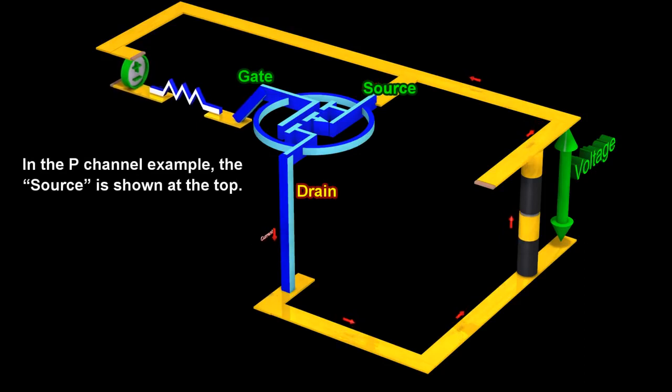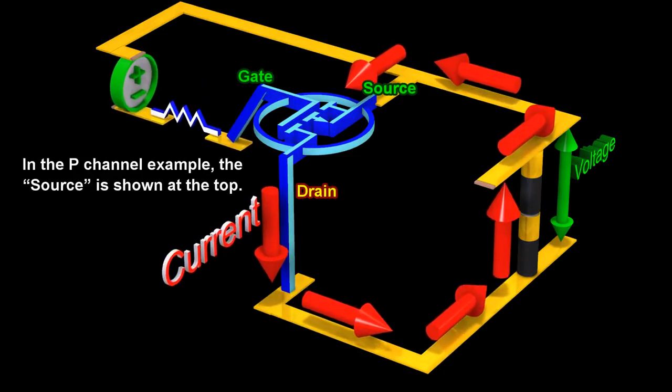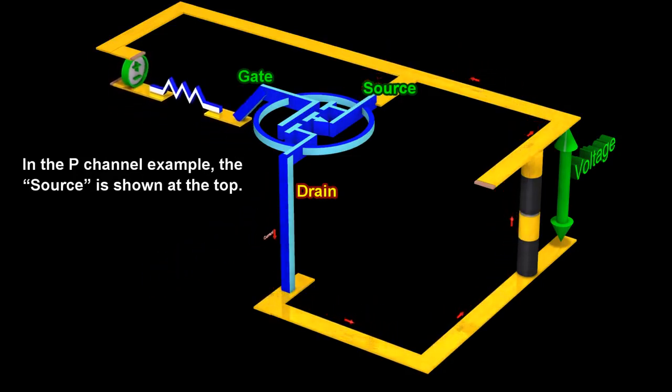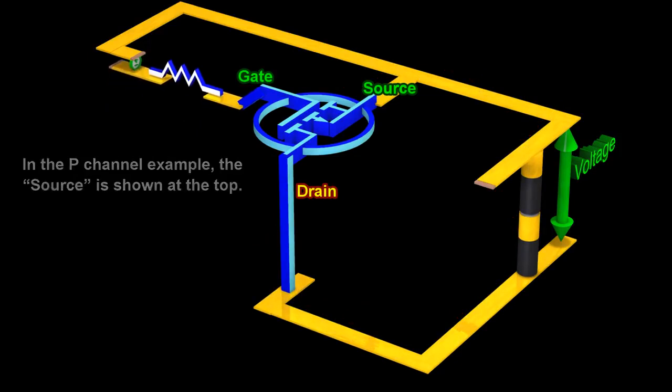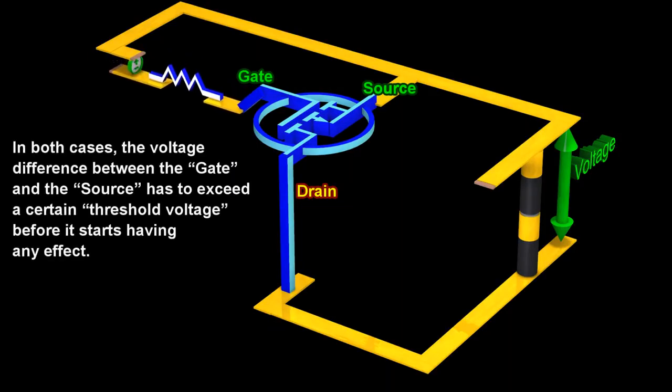In the P-channel example, the source is shown at the top. In both cases, the voltage difference between the gate and the source has to exceed a certain threshold voltage before it starts having any effect.